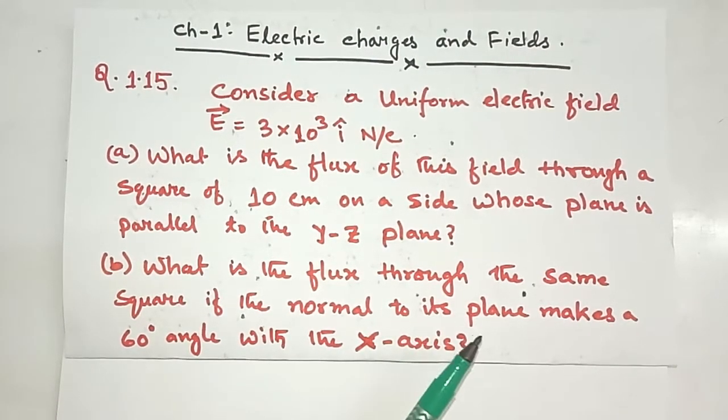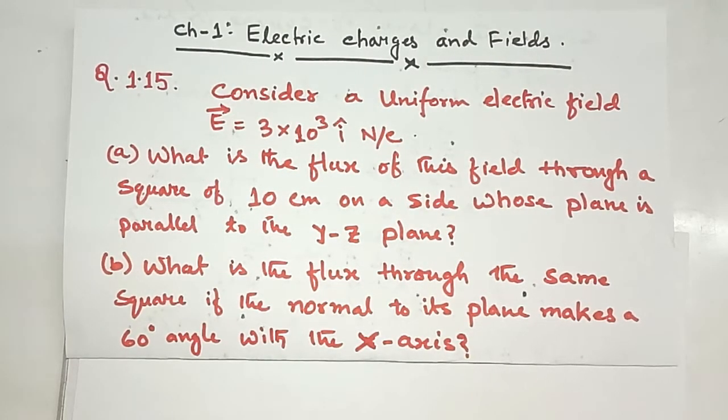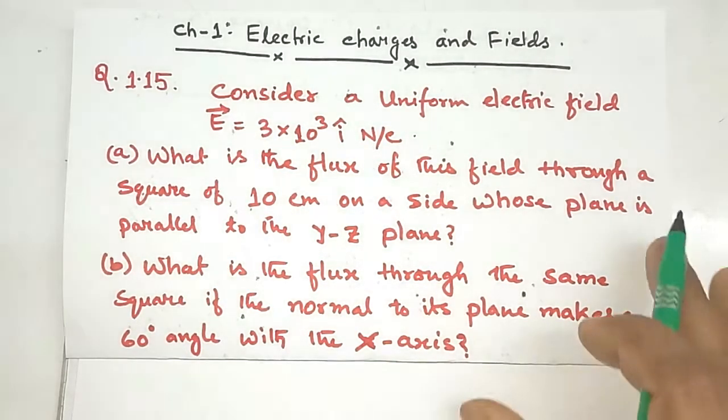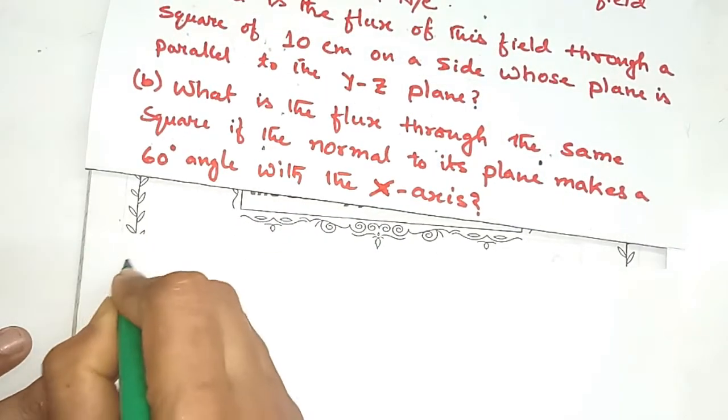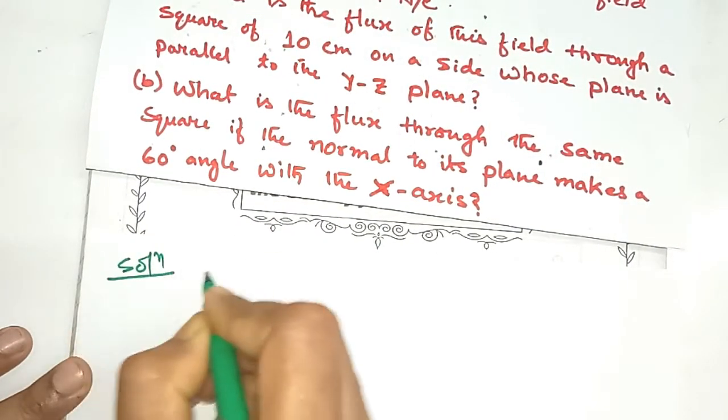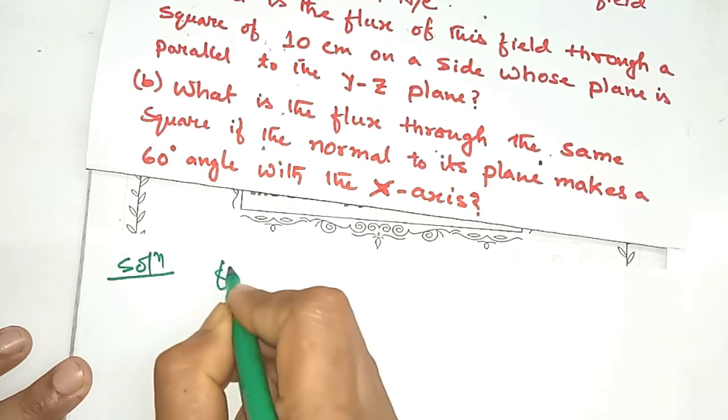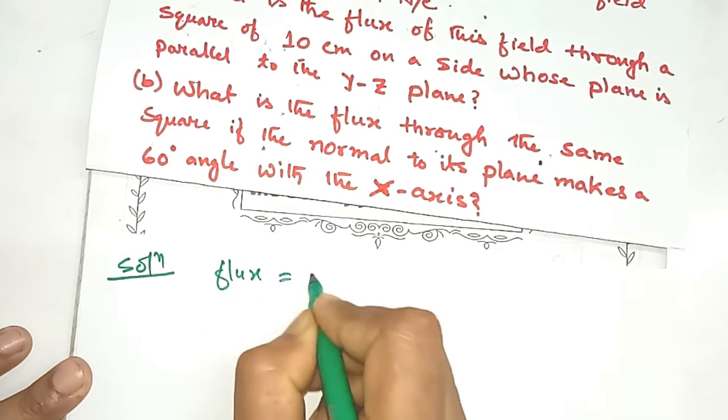Okay, so before solving this numerical, we have to know about the electric flux. I am giving the basic concept of electric flux. Generally electric flux is denoted as phi.